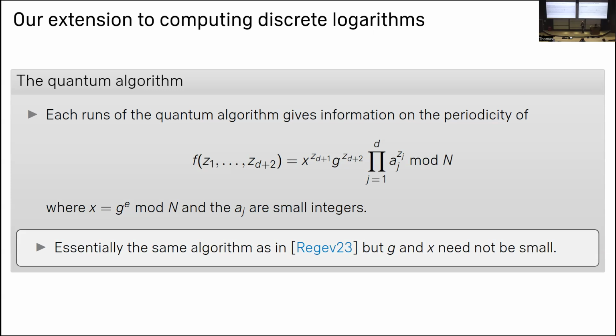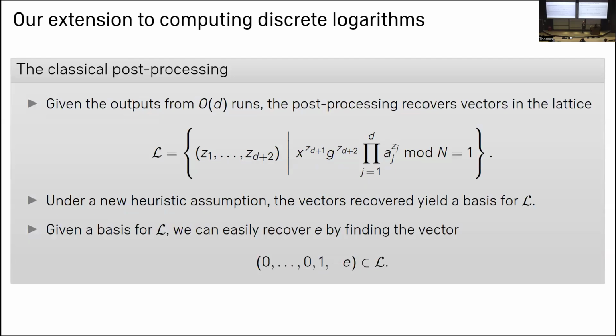And as with Regev's algorithm, each run of our quantum circuit gives some information about the lattice, which in our case is defined like this, and which has a dependence on the discrete logarithm problem instance. And we make a new heuristic assumption under which we can argue that jointly post-processing the output of essentially D runs of the quantum algorithm allows us to actually recover a basis for this lattice.